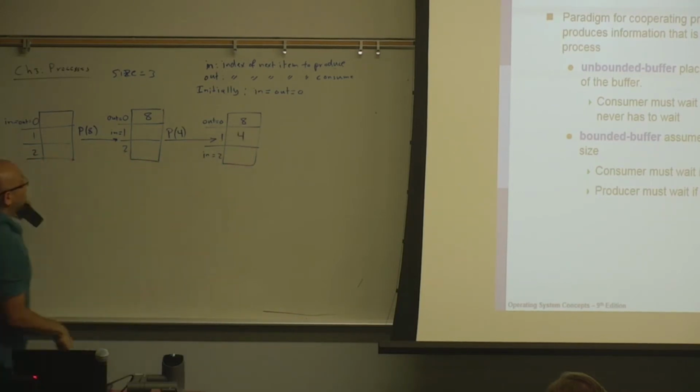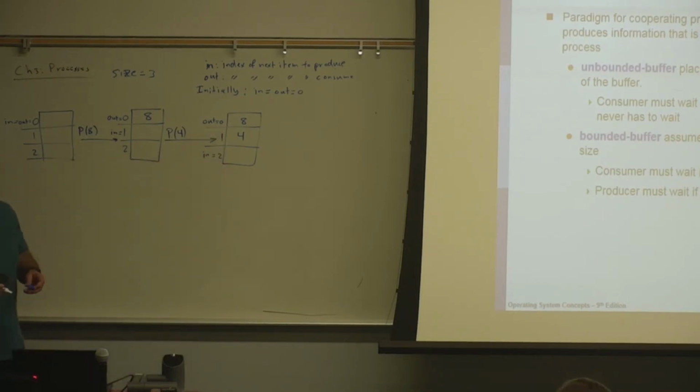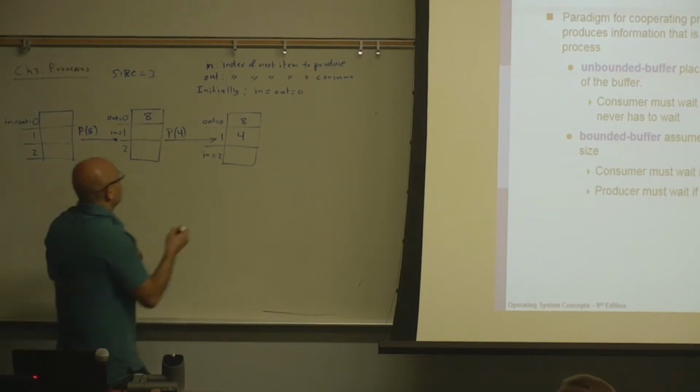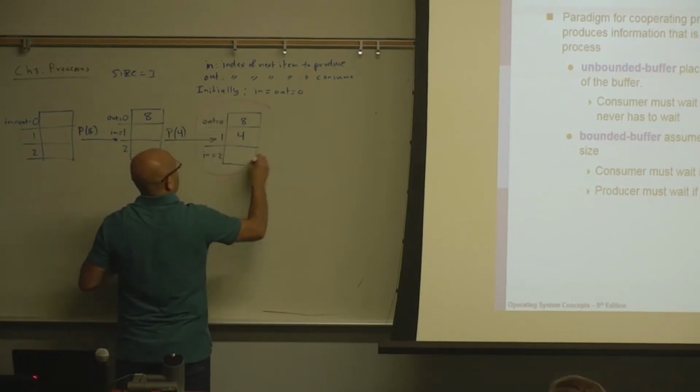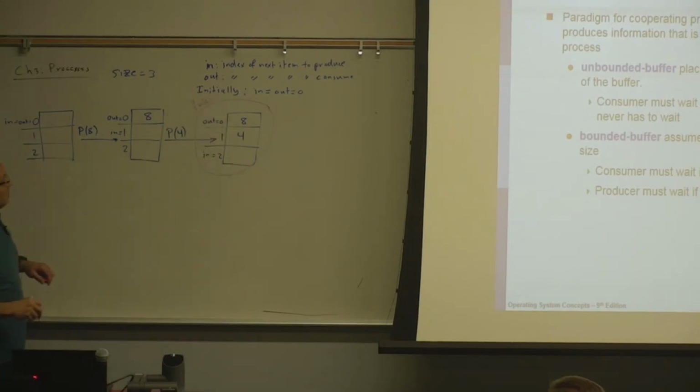So whenever the producer produces something, it's going to advance the in index. Now, according to our definition of fullness, the buffer is full at this point, because we have filled 2 out of 3.